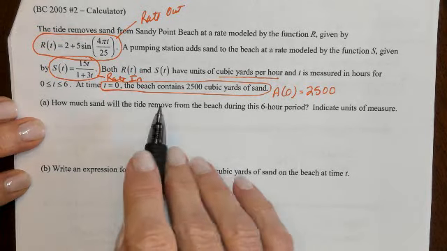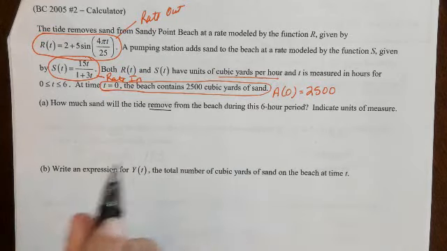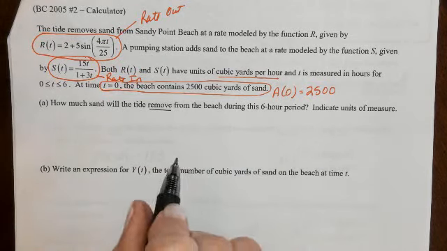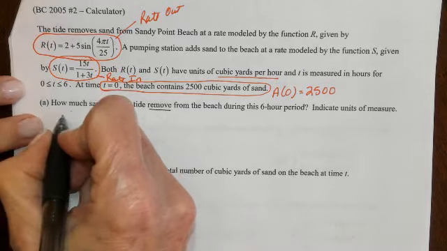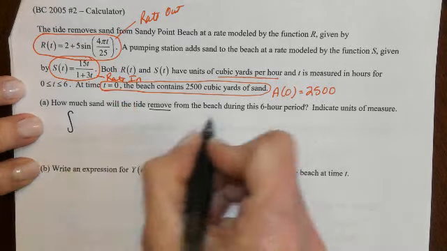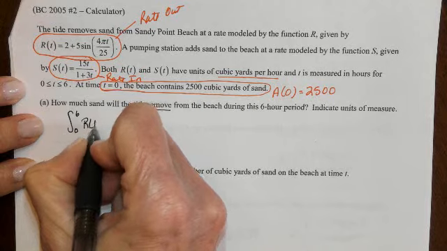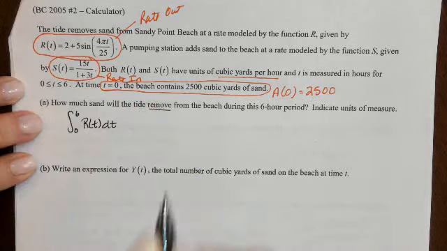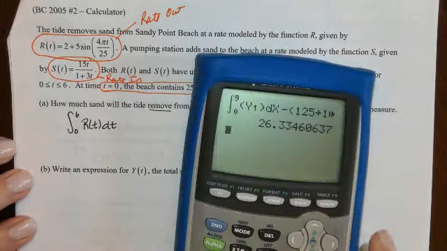So how much sand will the tide remove? Just remove. Doesn't have anything to do with being added, right? So we're only going to use our R function. The amount of sand being removed in the 6-hour time period is just the integral from 0 to 6 of R. Okay, calculator time.